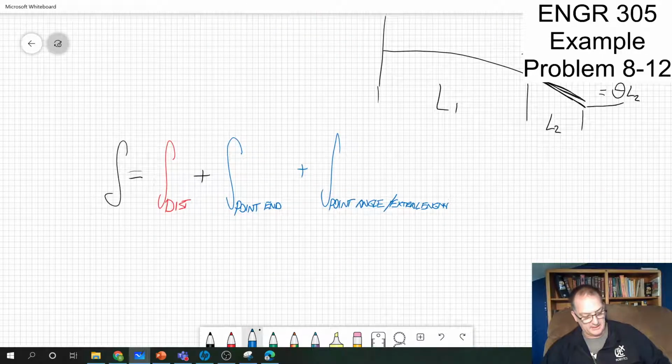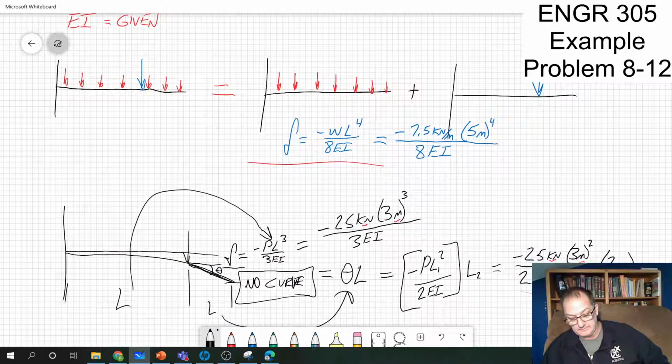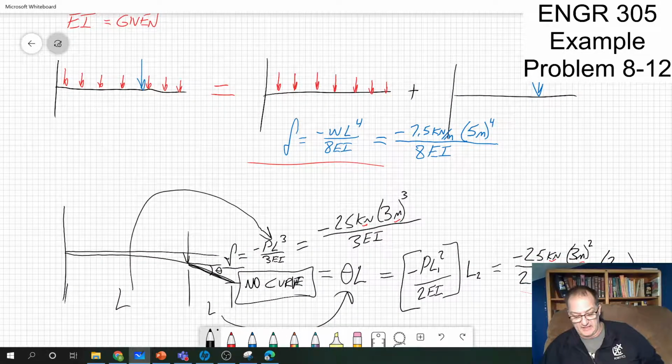So now I'm going to write down each term, delta is equal to, okay, so from the distributed load, I go all the way back to the top. I got it right there, minus 7.5, you know what?